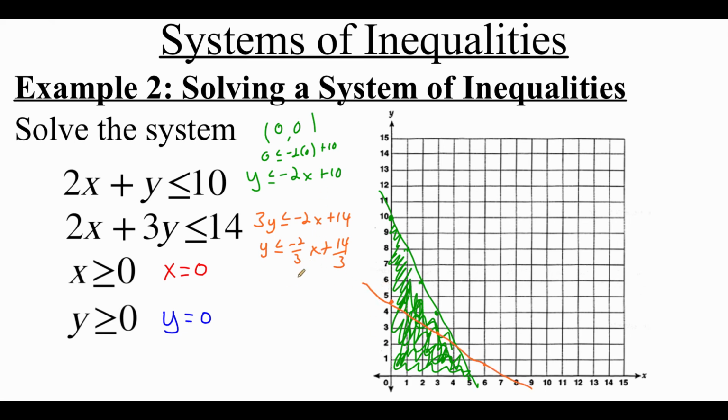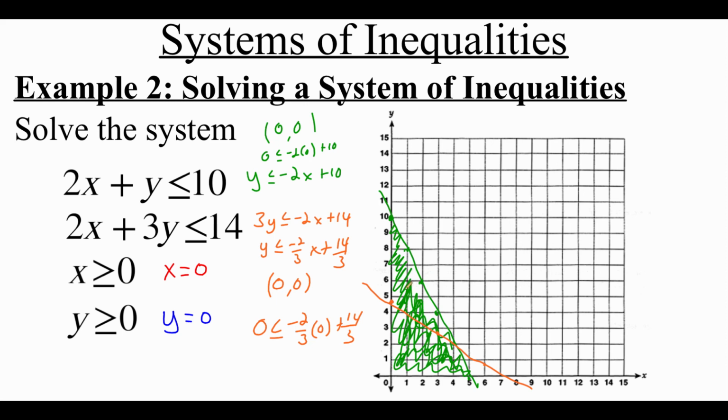Our graph does not go through the origin, so it's going to be safe for us to test 0, 0 again. So we're going to get 0 is less than or equal to negative 2/3 times 0 plus 14/3. Now, negative 2/3 times 0 is 0, plus 14/3. We get 0 is less than or equal to 14/3. That's a true statement, so we're going to shade on the same side as 0, 0.